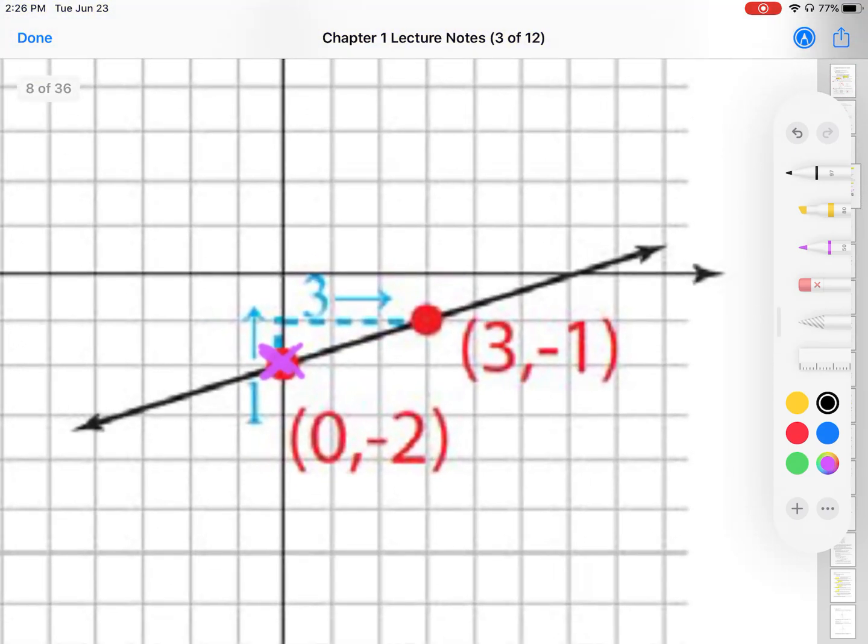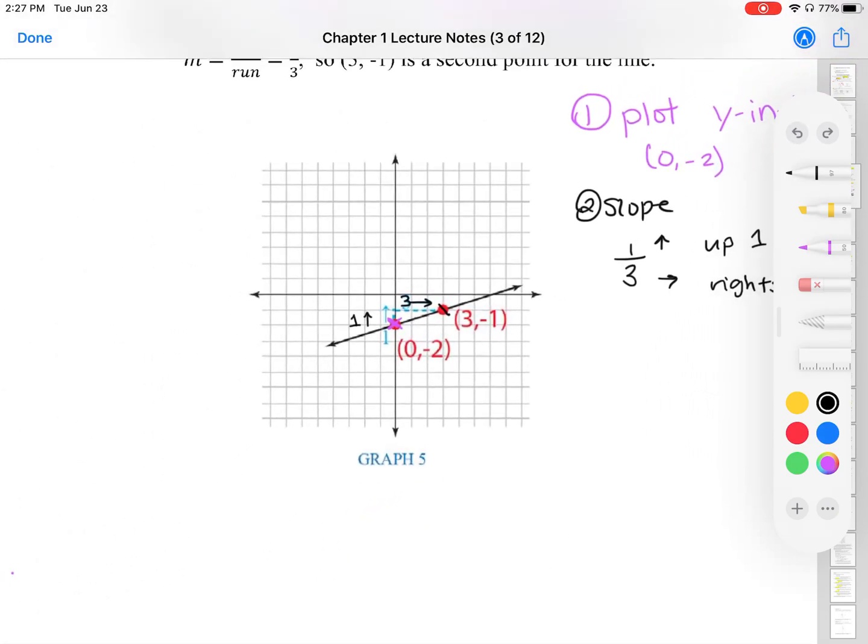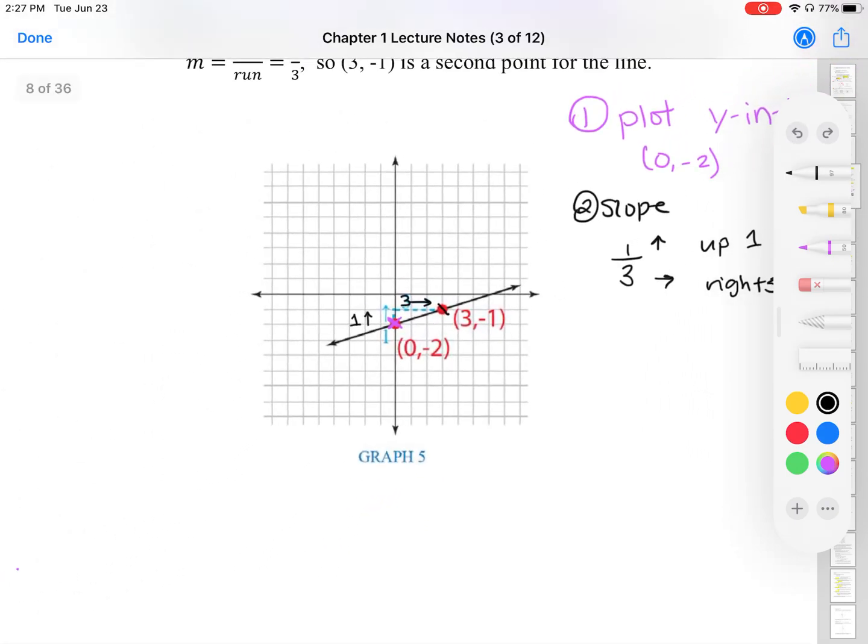So from 0, -2, I'll go up 1, and I'll go to the right 3. And we plot another point. So I go up 1, and then 1, 2, 3. I have a new point. We have graphed using our slope and y-intercept.